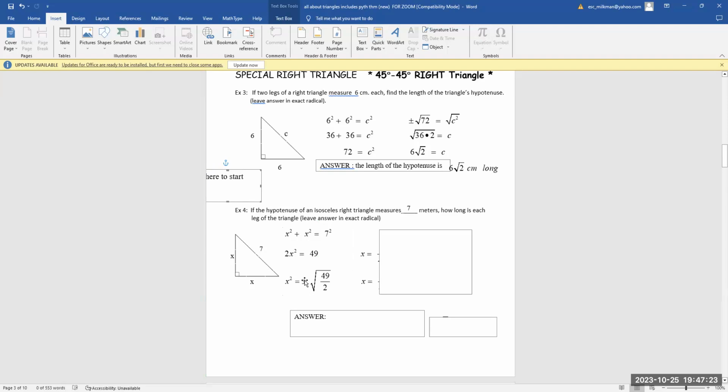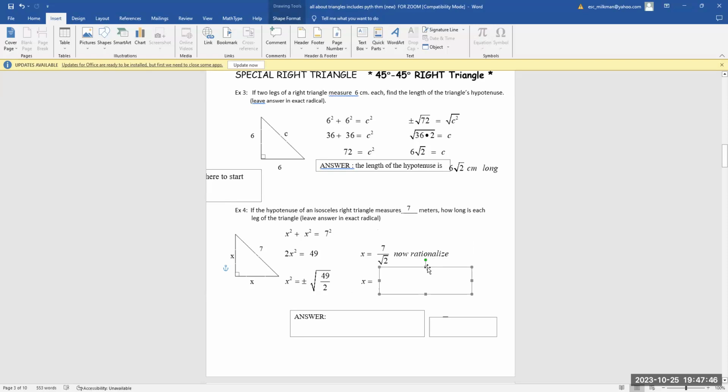I shouldn't put the plus or minus here. I need to put a square root on this side. Square rooting both sides, x is the square root of 49 over 2, which is 7 over the square root of 2.